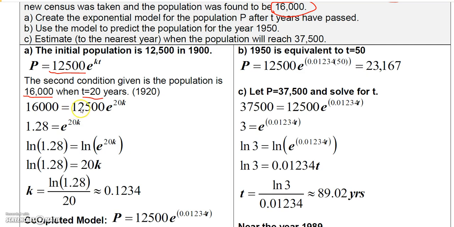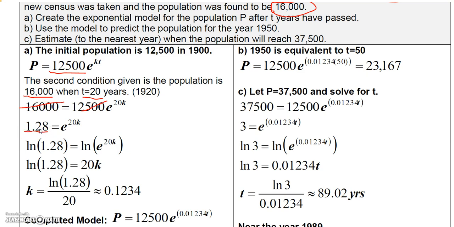If you divide the right-hand side by 12,500, it'll just cancel that. And if you divide the left-hand side by 12,500, just grab your calculator and do it, and you'll see 16,000 divided by 12,500 is 1.28.